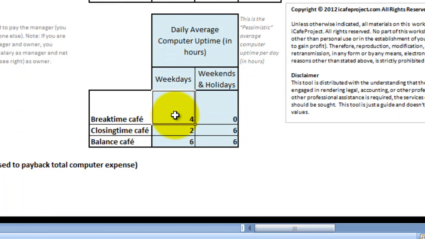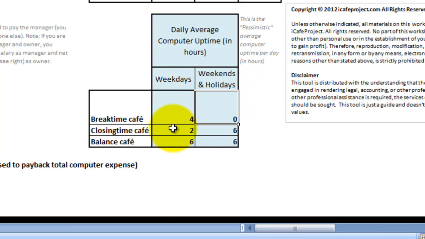So during weekdays, a break time cafe will typically have around 4 hours average computer uptime. And during weekends and holidays, since there are no students and there is no work, I'm assuming that it should be zero.